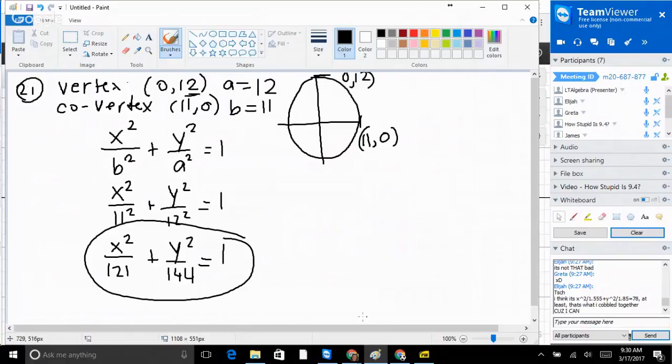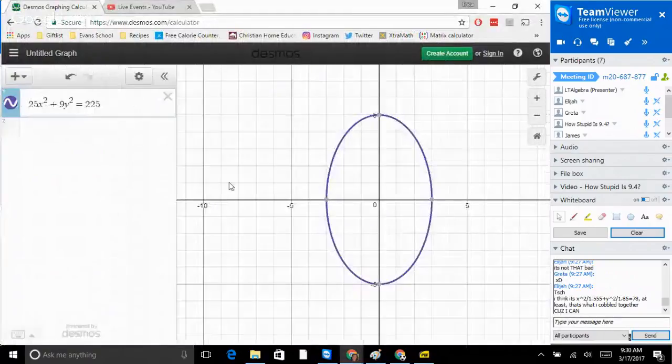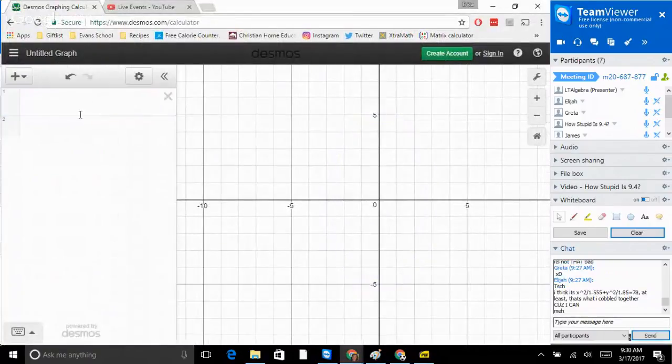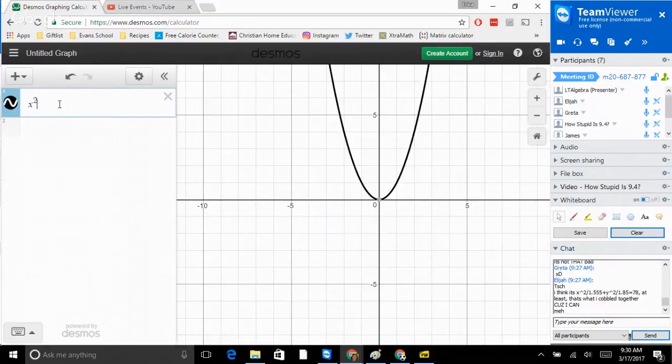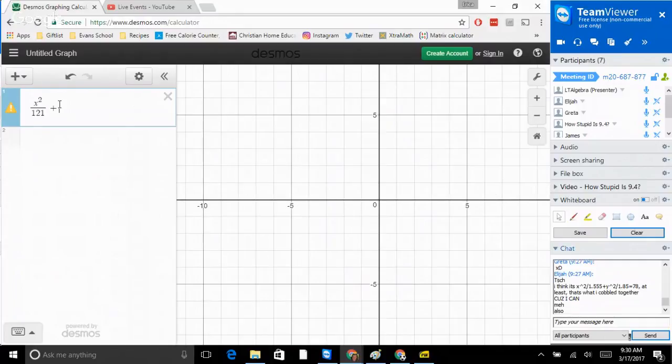Okay. How do we check if that's right? Desmos, right? You just type in the equation that we just solved for.